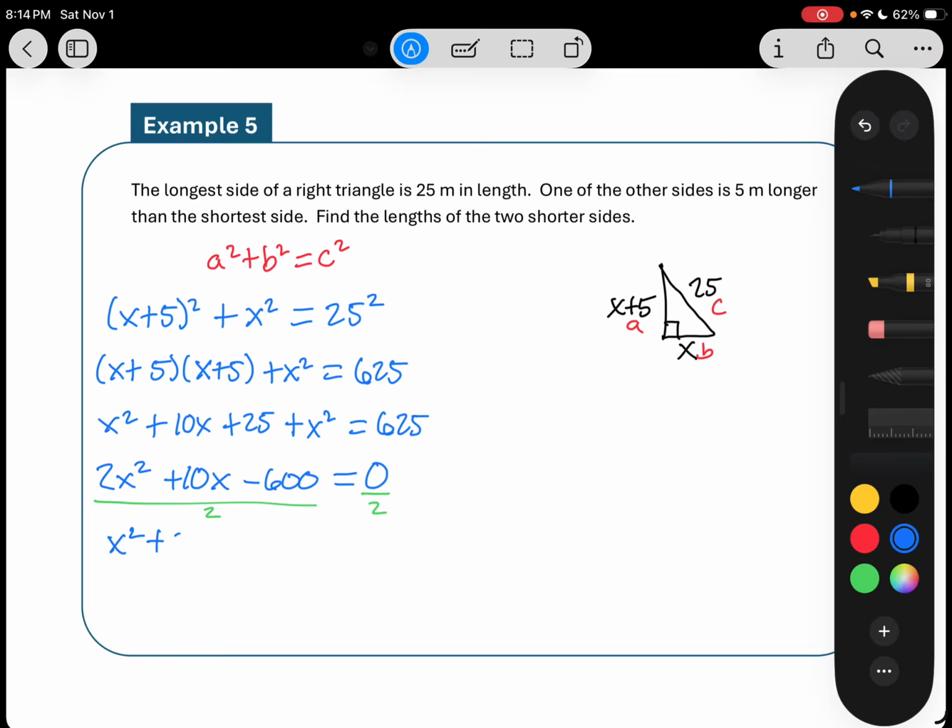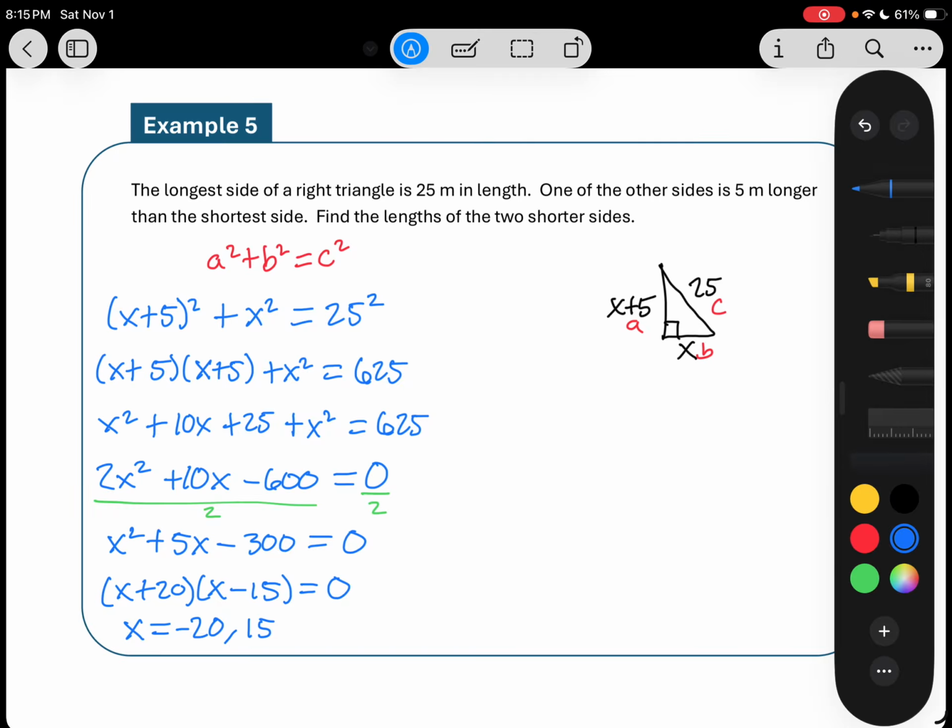And so we'll get x squared plus 5x minus 300 is equal to 0. And believe it or not, that is factorable. It factors to x plus 20 times x minus 15 is equal to 0. You could also just do the quadratic formula. You should get negative 20 and positive 15.